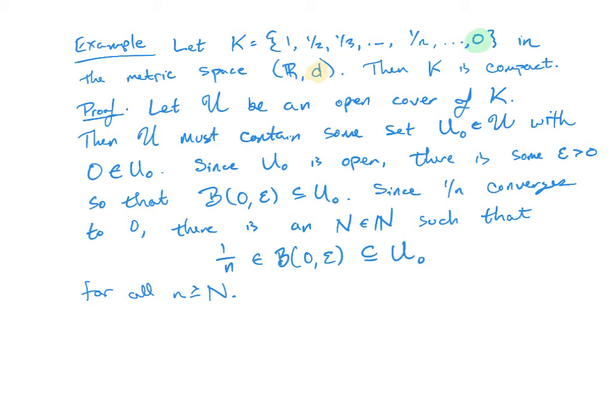Now from our perspective, this is great. All but finitely many of our points are already in that open set that contains 0. So now we're basically done. We just have to say, for the finitely many that might not be in that set, since script U is an open cover, it still has at least one set that contains each of them. So we'll take that one set.